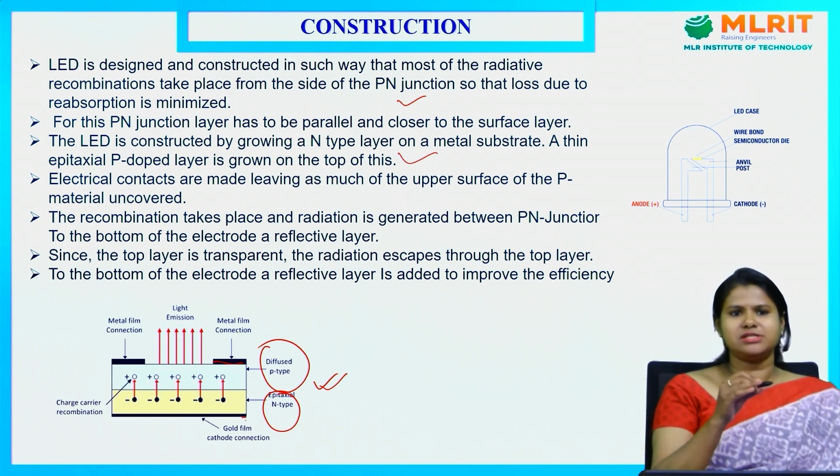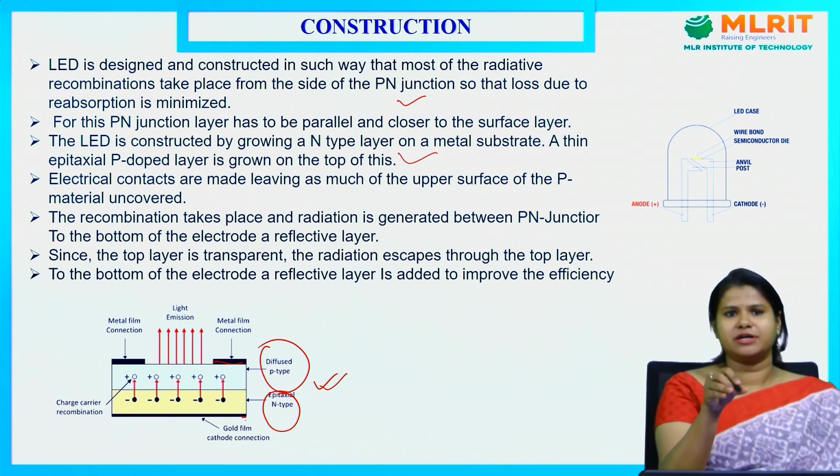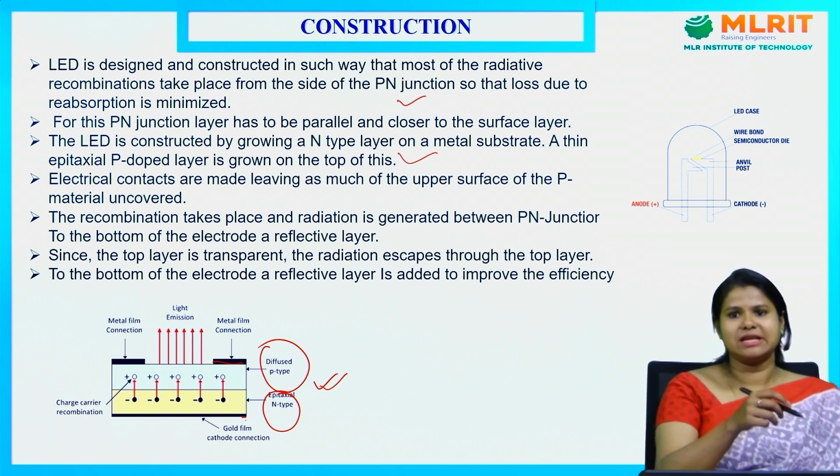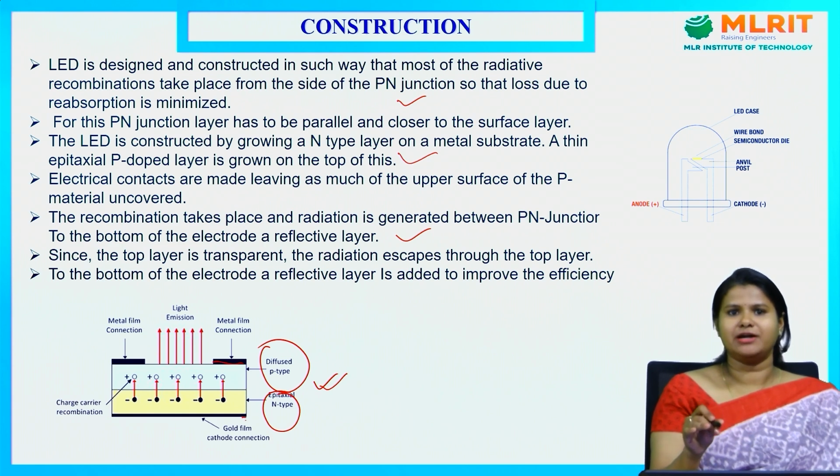Now, this top layer, which is the P layer, is constructed in such a way that most of the surface is not covered. That's how the light can go out of this layer. This top layer is also made transparent so that the radiation escaping through it is maximum.